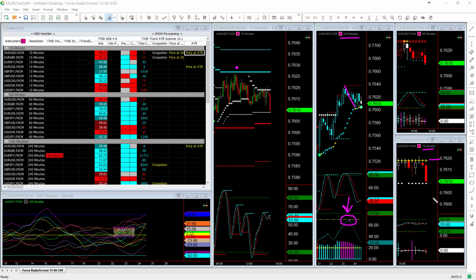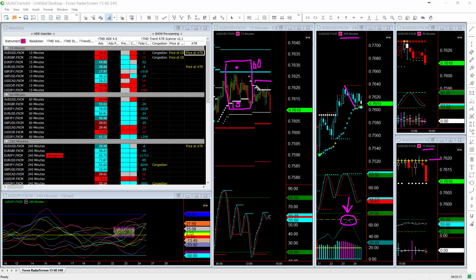Now, let's look at this with the new ATR support and resistance. Here, we are split, okay? We have a blue ATR, which is the 60-minute, and we have the 15-minute that is below price. Now, this you could have caught by watching the charts, but it's much easier to watch it over here.